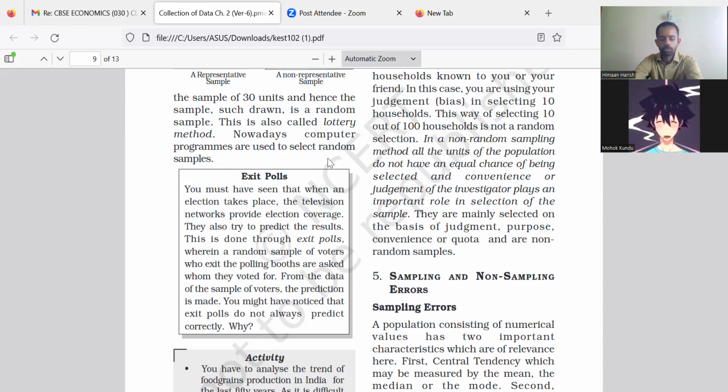So the result was on the 13th, whereas the exit polls were announced on the evening of May 10th itself. So it was quite different from the exit polls to the election results. So it is not always accurate, but there is data collected from a sample of voters based on which the results are predicted.